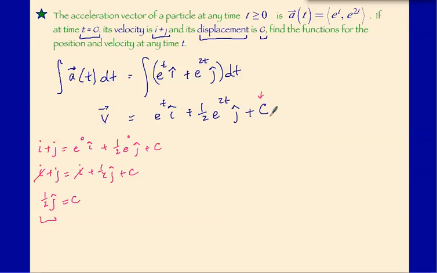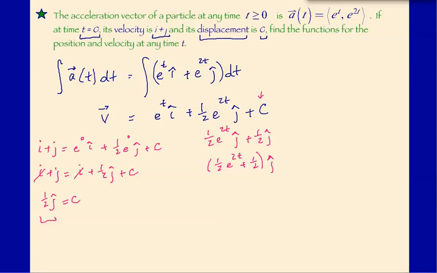But because the constant has a j in it, I'm going to combine it with this quantity, which also has a j in it. So in other words, I'm going to say 1/2 e to the 2t j hat plus 1/2 j hat. But let's just put them all together with their j hats. 1 e to the 2t plus 1/2 j hat.